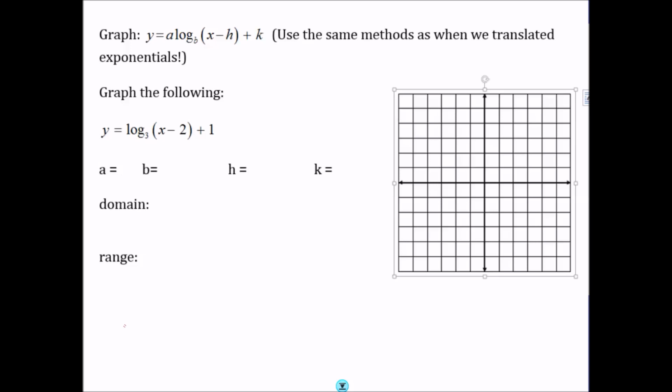For our first example, we have y equals log base 3 of (x minus 2) plus 1. A is 1. B is our base, which is 3. H is inside the parentheses with the x, so that is 2. And k is the number being added at the end, which is 1.